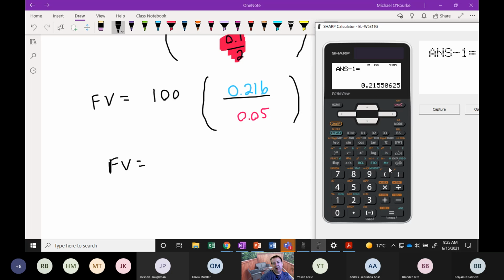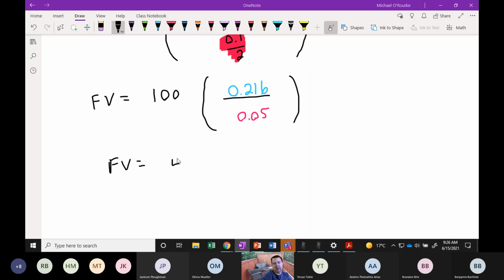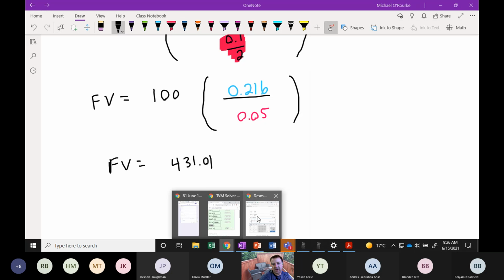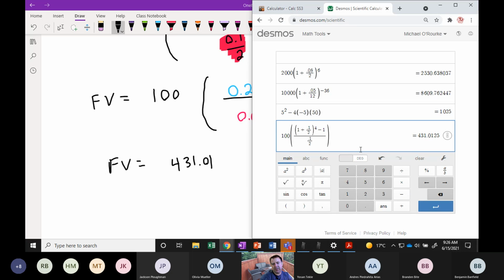So I kind of leave this number up, divided by 0.05, press equals, and then times this by 100, and it's going to give me 431.01. So 431.01. How did that compare to my Desmos one? Yep, exact same number.